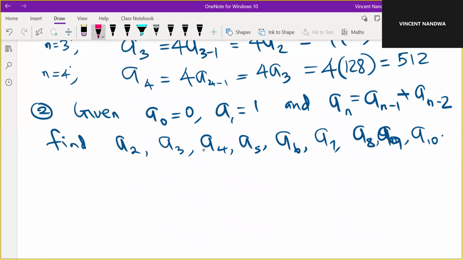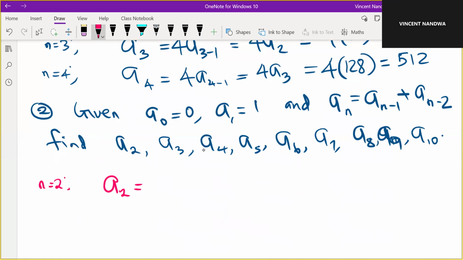So here, by definition, a_n is a_{n-1} plus a_{n-2}. So when n is 2, I'll have a_2. Where there's n in this formula, you put 2.